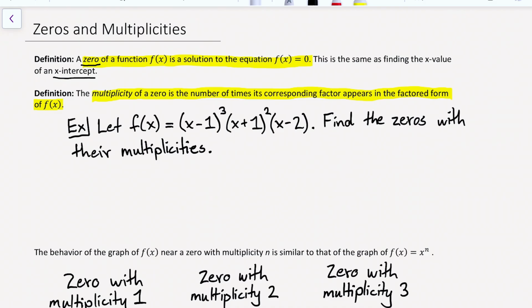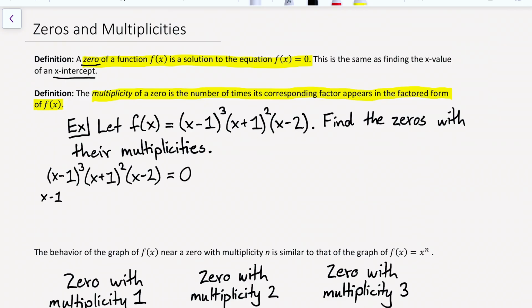So I have a polynomial function here that's already factored, and I want to find the zeros with their multiplicities. So the zeros are the solutions to this equation, x minus 1 cubed times x plus 1 squared times x minus 2 equals 0.